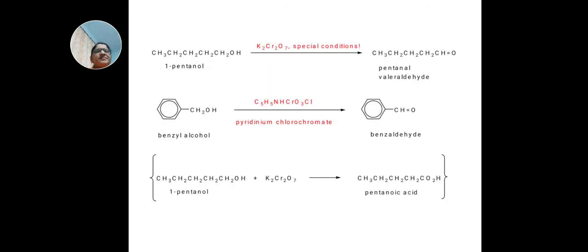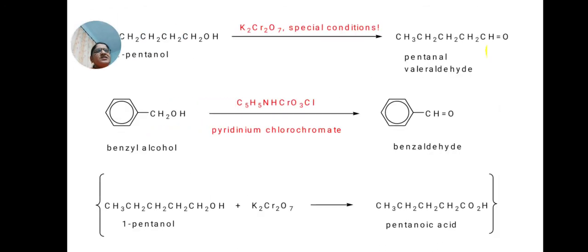The next example of this oxidation is, first one, 1-propanol, that is CH3CH2CH2CH2CH2OH. Name of this compound is 1-propanol. Then by oxidation by K2Cr2O7, that is potassium dichromate, it gives the aldehyde valeraldehyde.